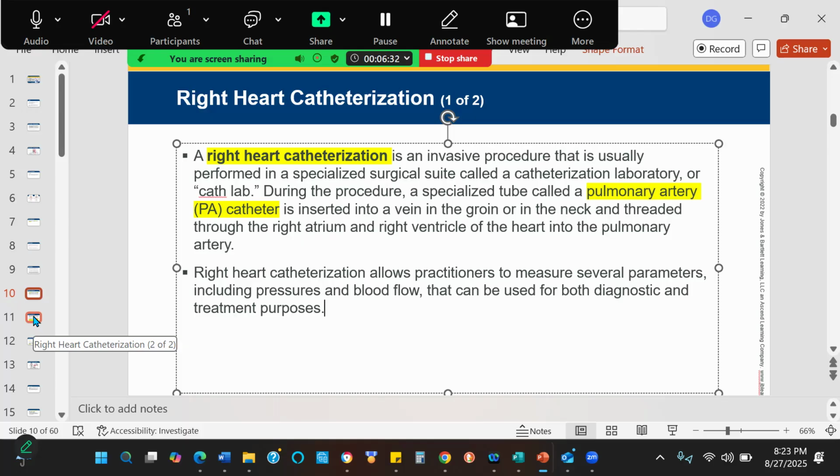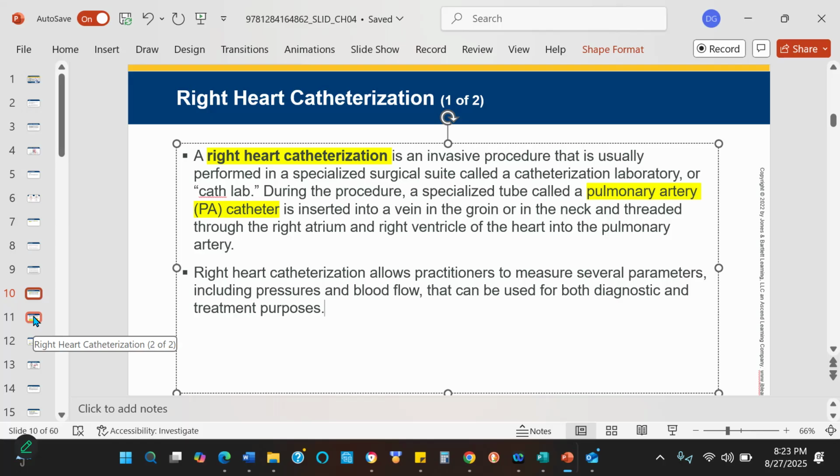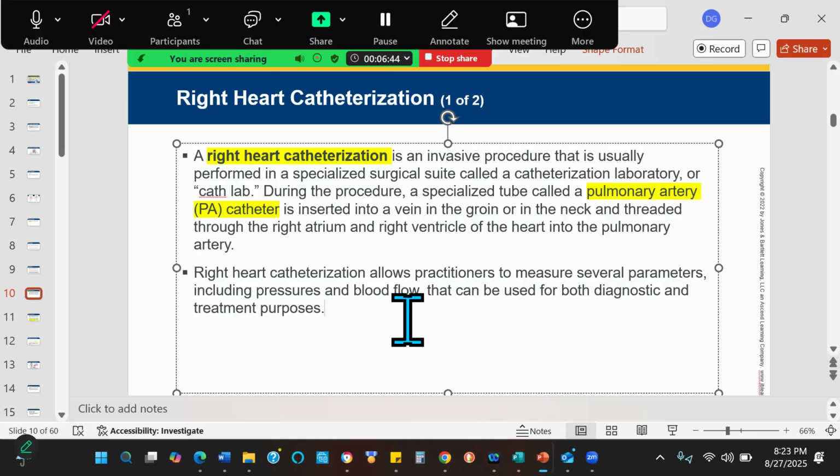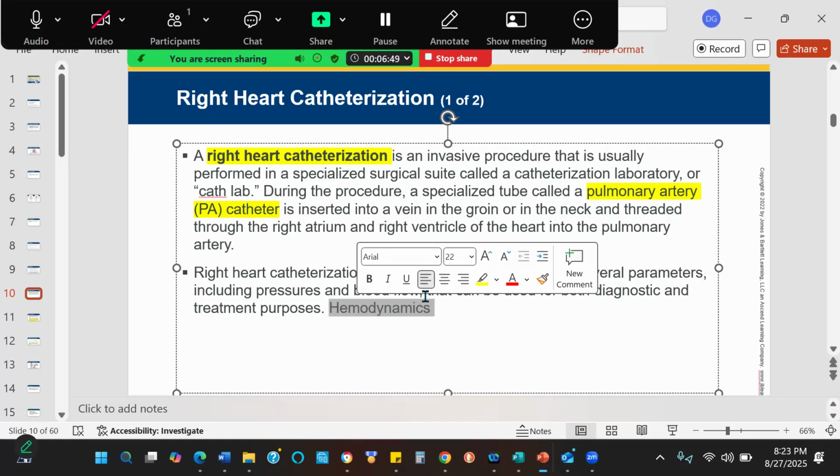You will need to know the pressures at the various different parts of the system, the heart and the lungs, and we will make sure that you know those. It's called hemodynamics. Let me just add that, because that's a term that you will definitely hear.